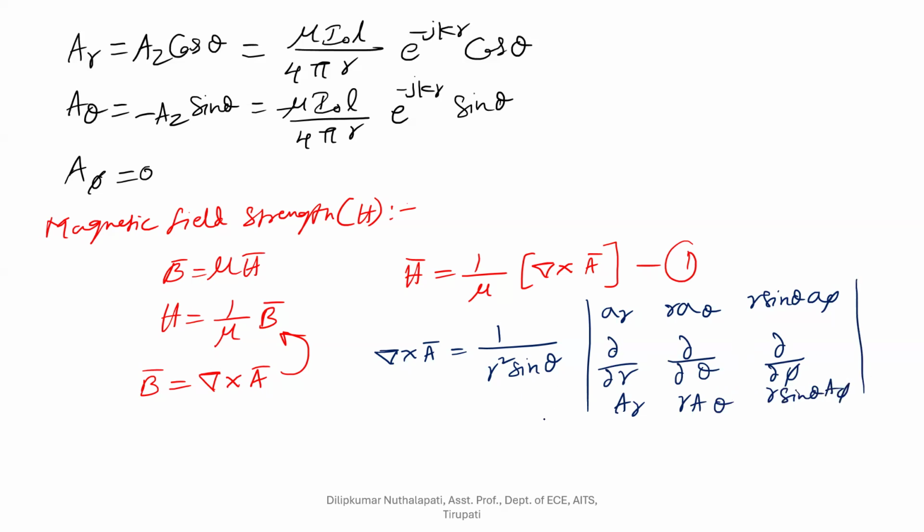So if we expand this determinant of 3 rows and 3 columns, we get del cross A bar equal to 1 by r square sine theta times the expansion.